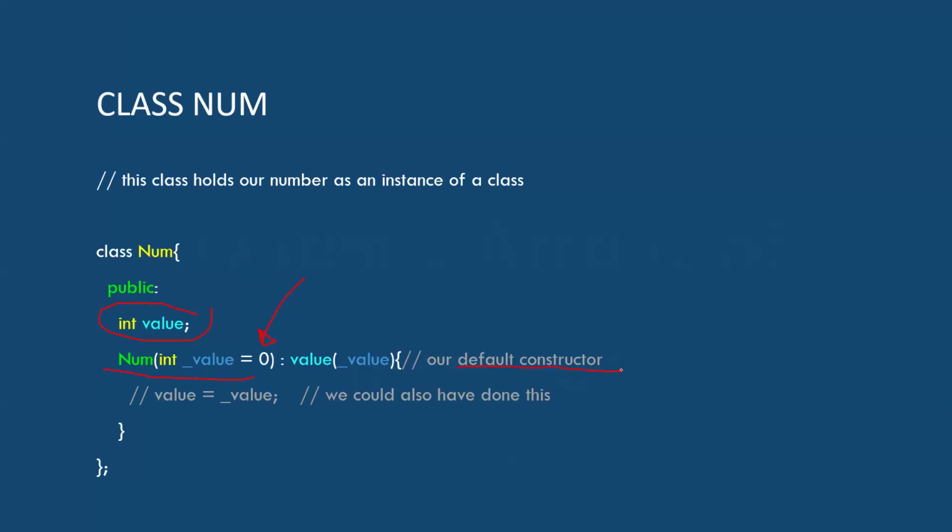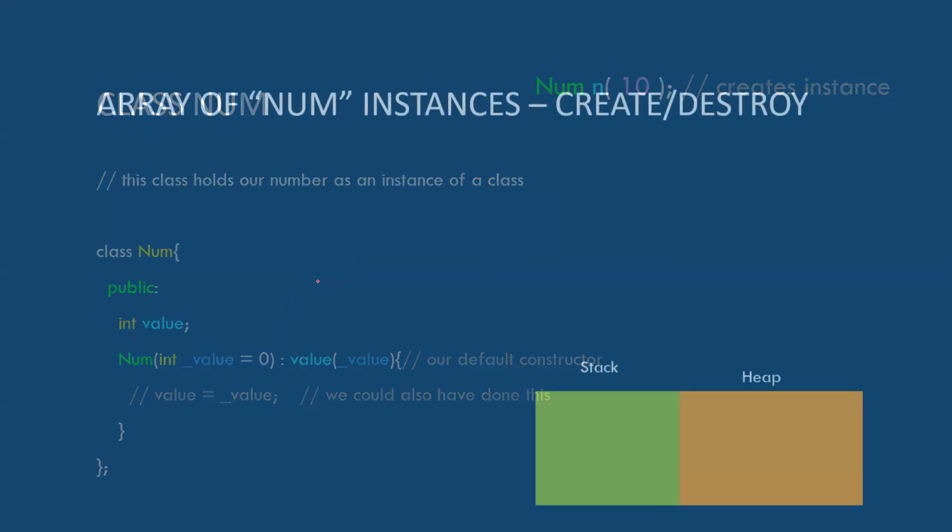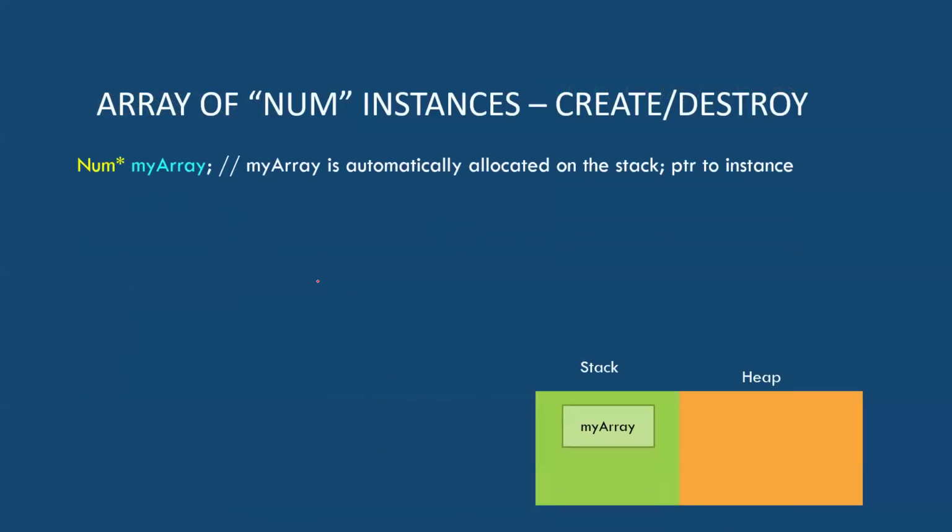So that means the array can automatically default construct all of the little values for us without us telling it what goes in there. They're all going to be zeros until I change it, but at least it can default construct. So I can say num n of 10, or I could just say num n, and it would be fine.